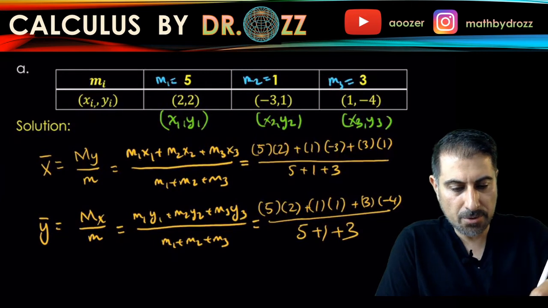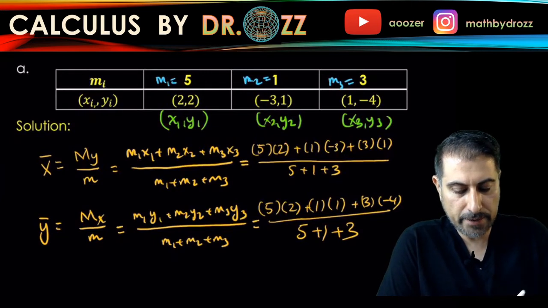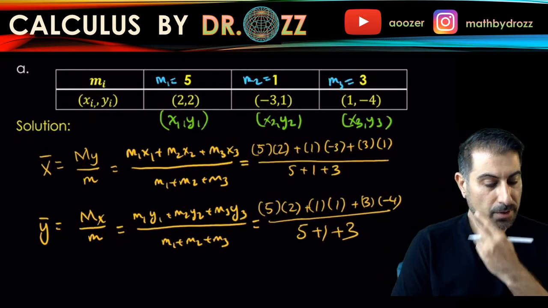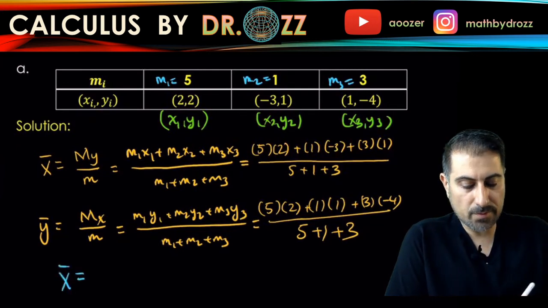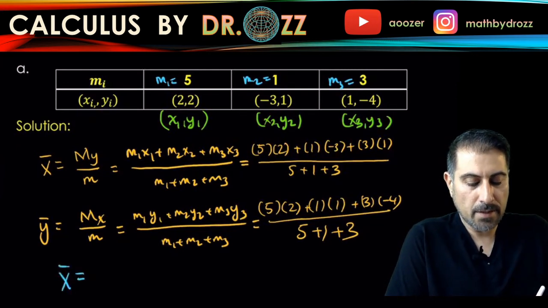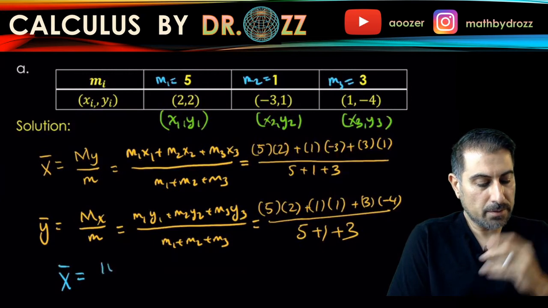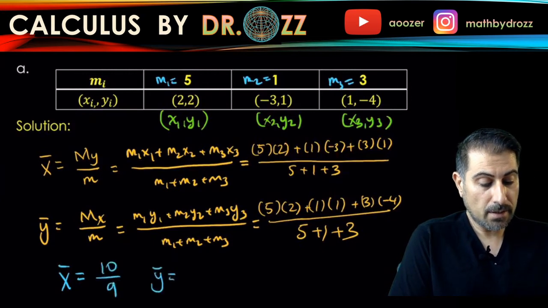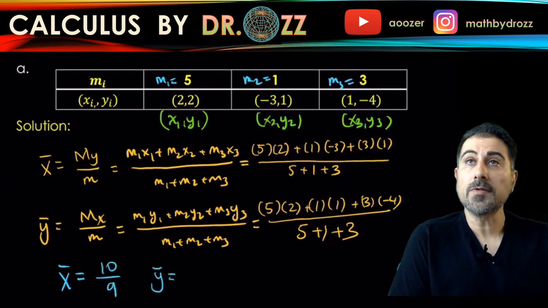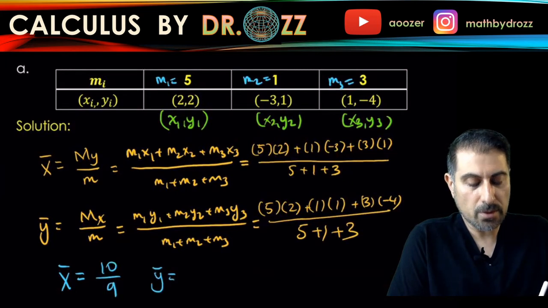All right, so let me just write down x bar here. X bar is going to be 10 minus 3 plus 3, so 10 divided by 9. And y bar is going to be 10, 11, negative 12, so negative 1 over 9.